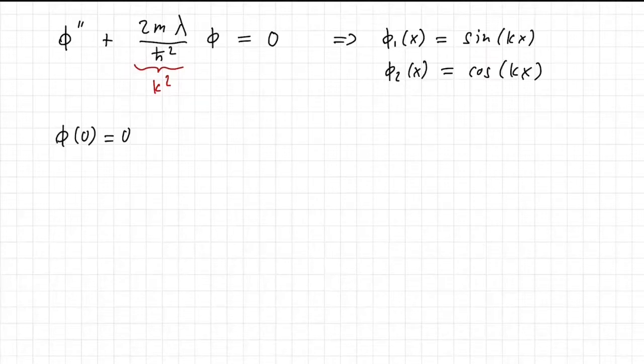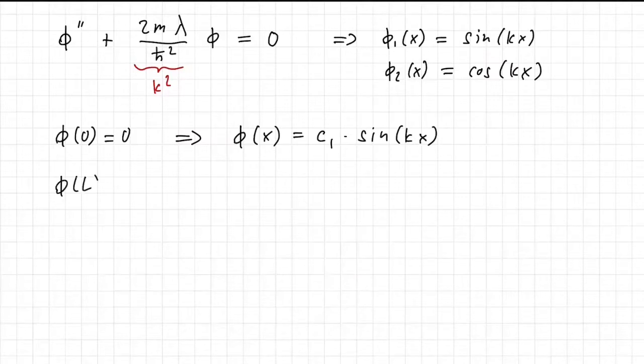So this tells us that phi of x must be some coefficient c1 times sine kx. Now we have the second boundary condition, and that is that phi of L equals 0, which means that c1 times sine kL has to be 0.